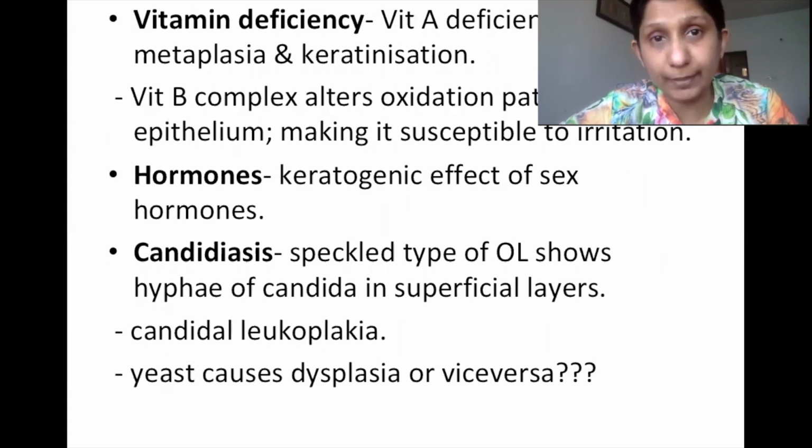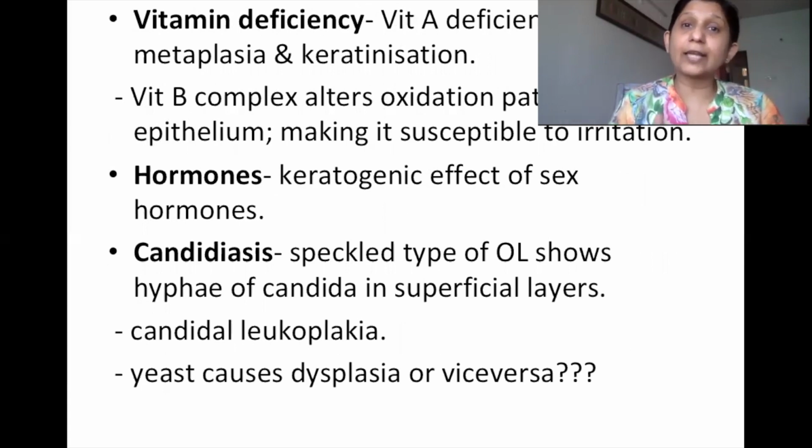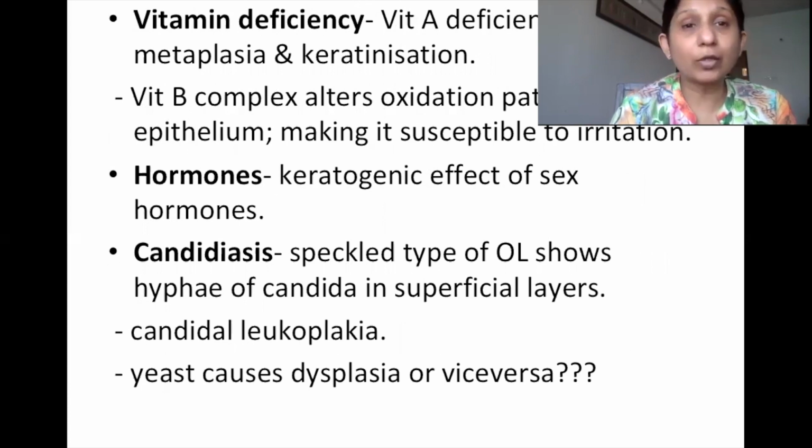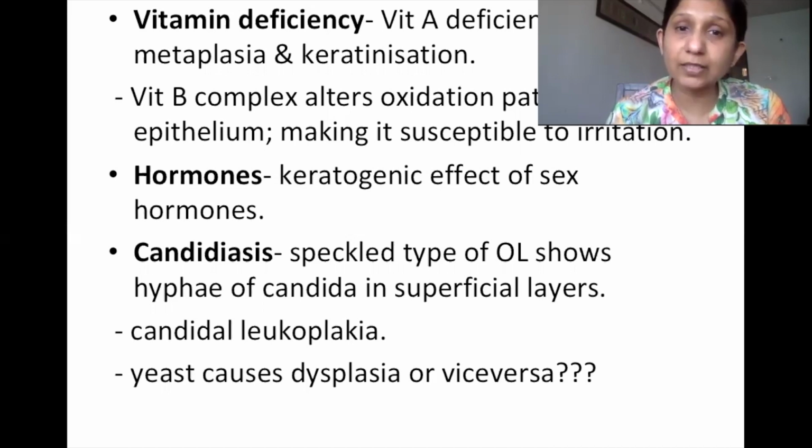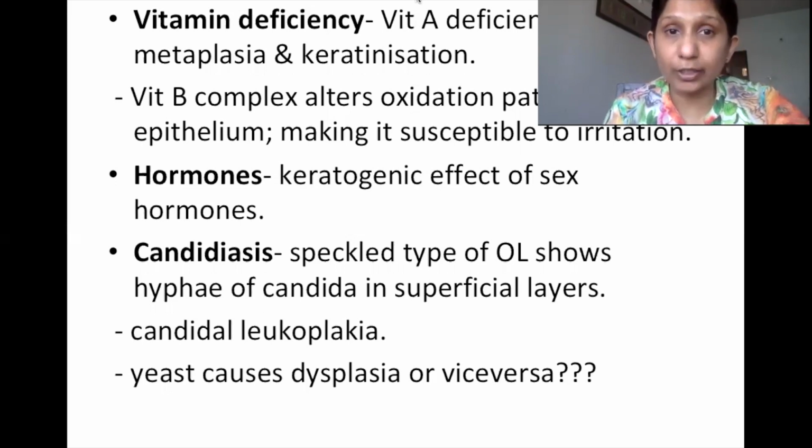So vitamin A deficiency can not only cause metaplasia, but also an increase in keratinization. Now, vitamin B complex can alter the oxidation patterns in the epithelium, making it more susceptible to irritation. Which is why vitamin supplements are very important to be given to these patients.